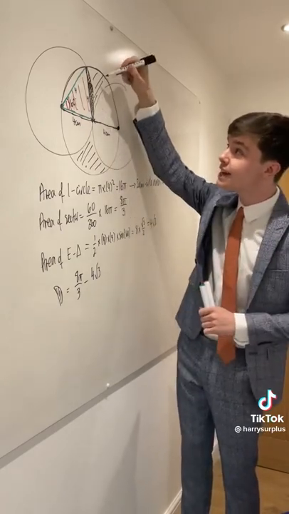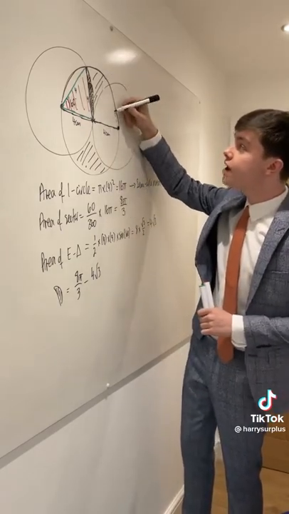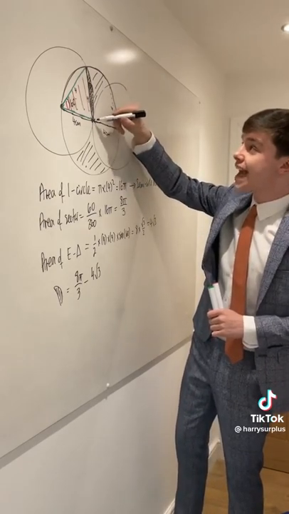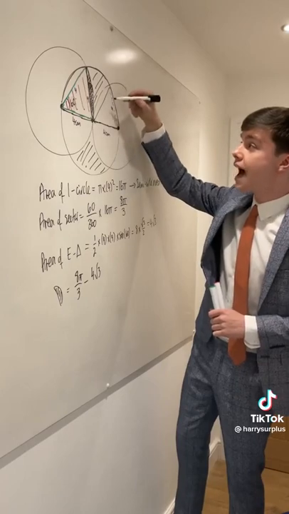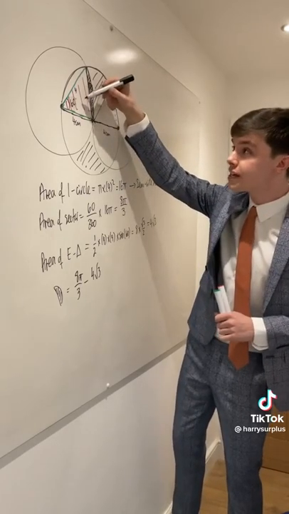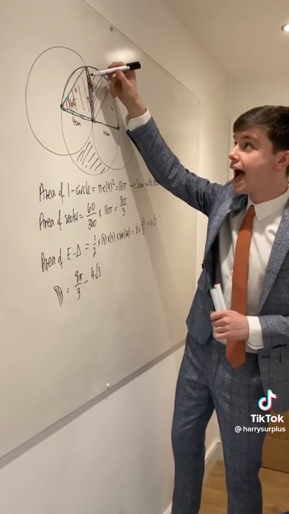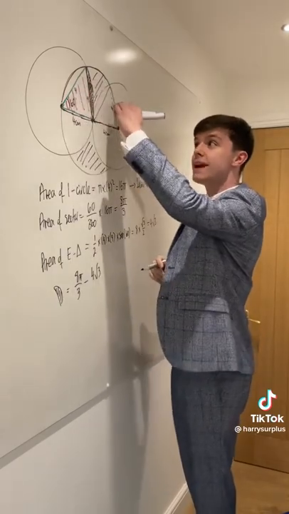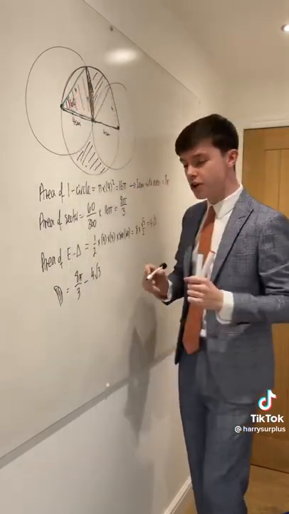It's this bit in here. So what it is not, look, this is 4, is the sector, an equilateral triangle, another equilateral triangle, and then the sector, minus these 2 bits. So how do I work that out?